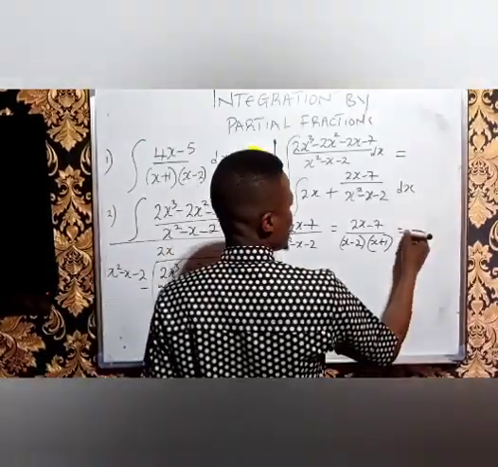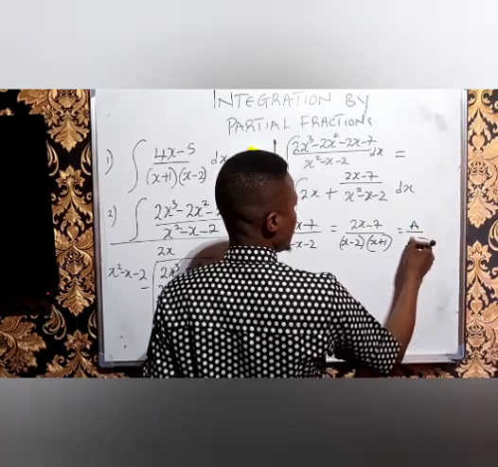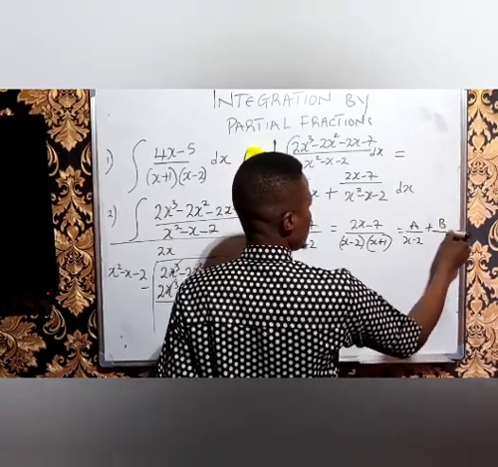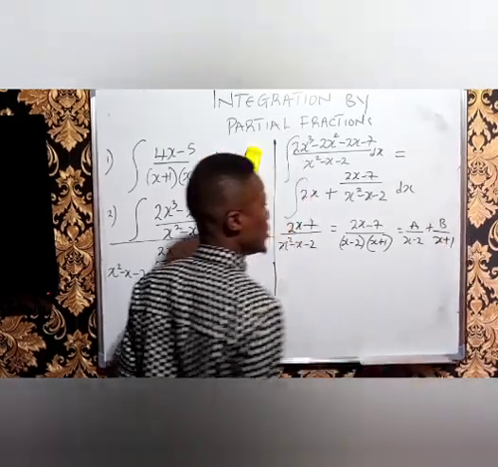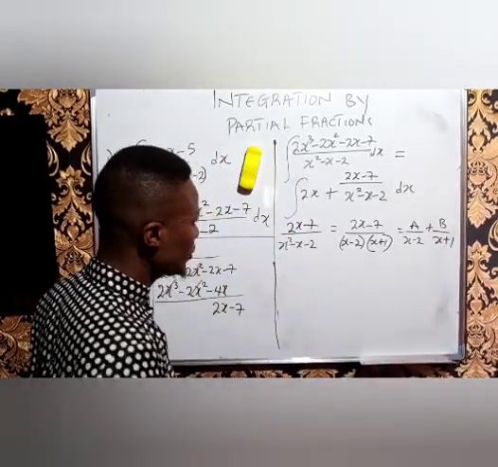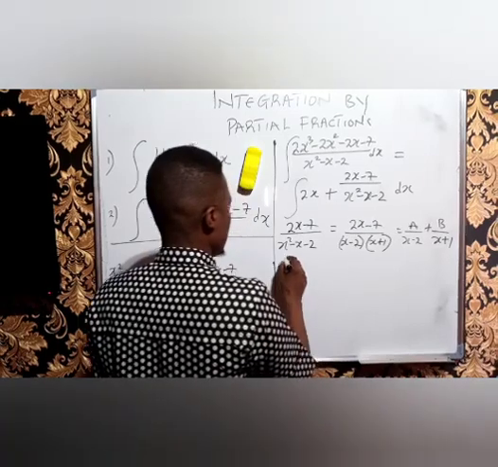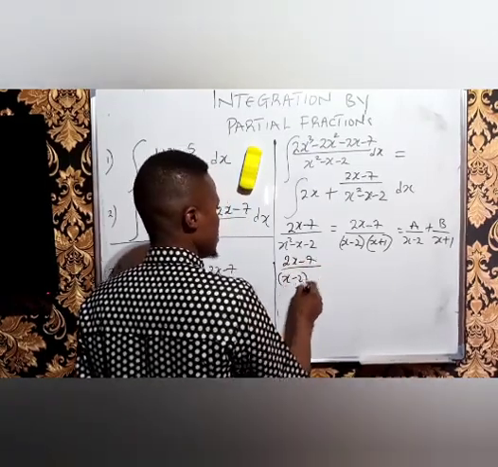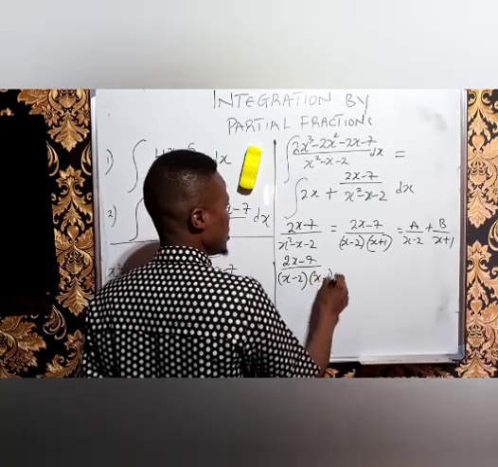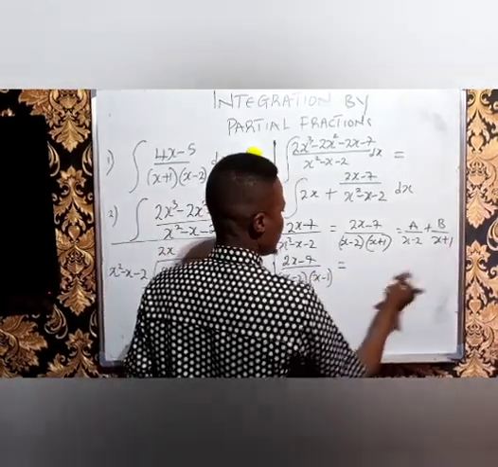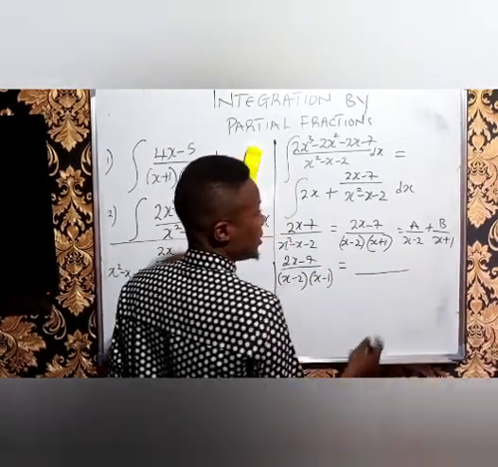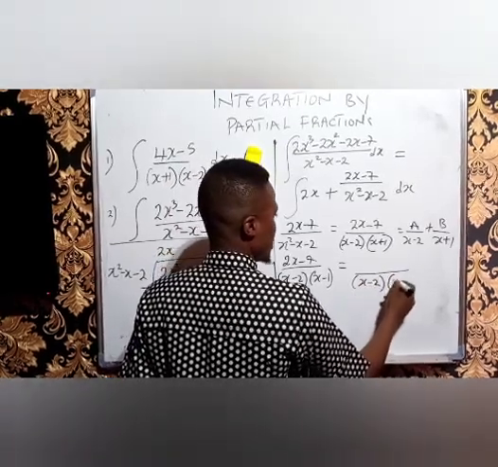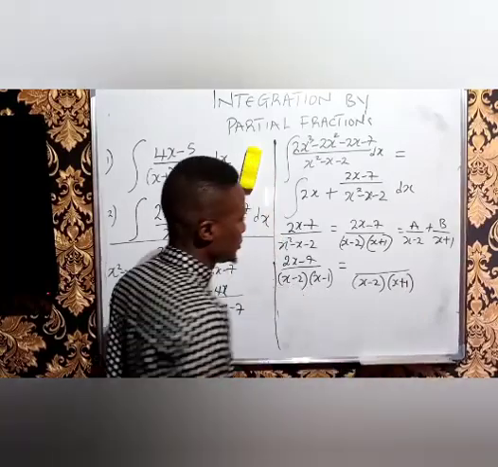Let's assume it is A over (x - 2) plus B over (x + 1). So (2x - 7) over (x - 2)(x + 1) equals the LCM of these two fractions, which is (x - 2)(x + 1).